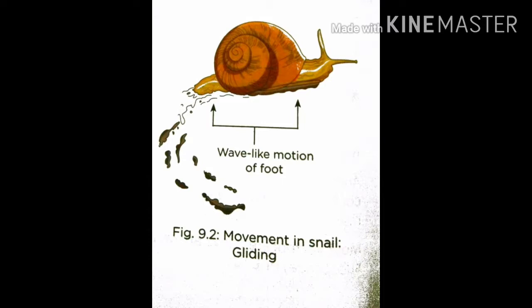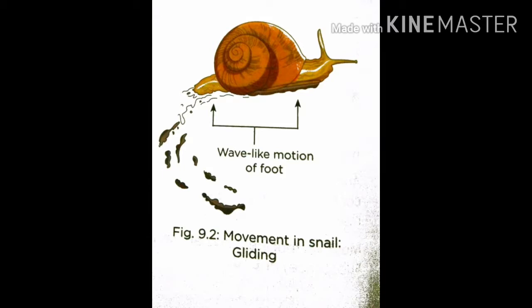But it is not made up of bones. Our skeleton is made up of bones, but the snail's skeleton is not made up of bones. The shell helps to protect the snail from cold and danger. When we touch the snail, it suddenly pulls its body into the shell.